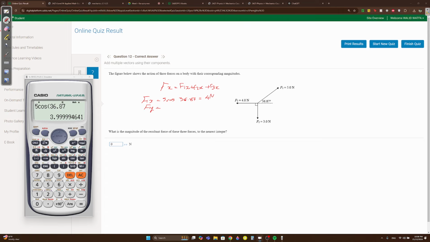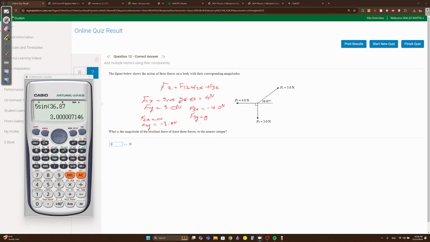f1y would be sine now, which is 3. These ones are easy. f2x is 0, f2y is minus 3 because it's just going down, there's no left or right. Then f3 is an easy one too, because its x is minus 4 but it has 0 y.